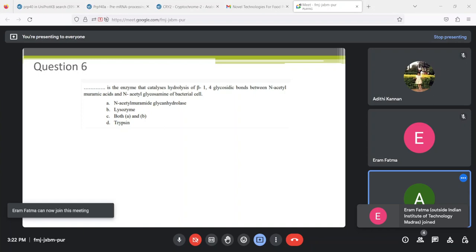So which one of these enzymes catalyzes the glycosidic bonds between NAG and NAM? So it's both A as well as B.